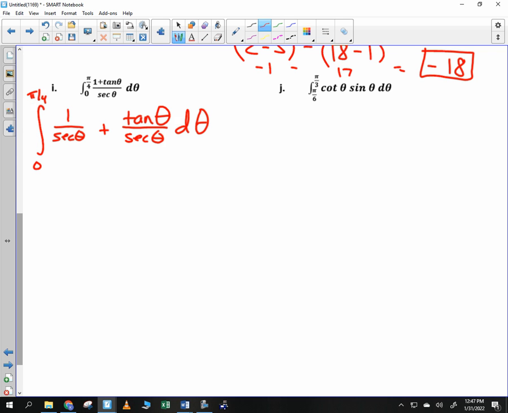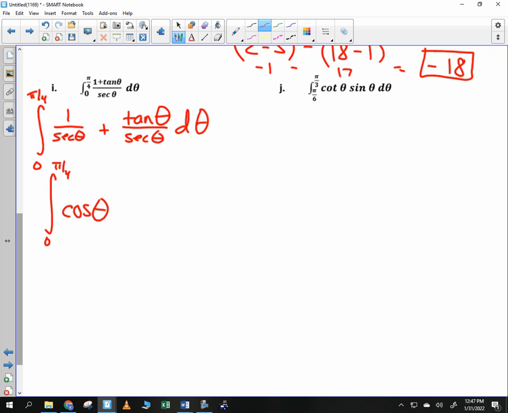Very good. So 1 over secant is cosine. So you have the integral of 0 to pi over 4 of cosine of theta. That worked out well. And then tangent divided by secant. Let's see if that simplifies.